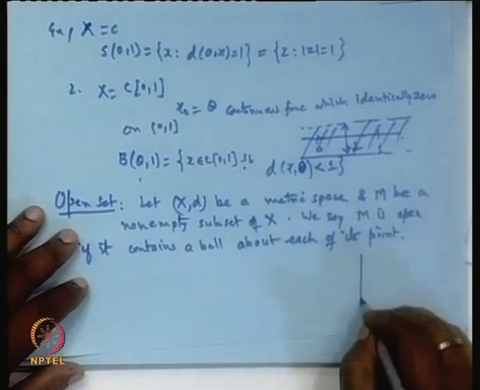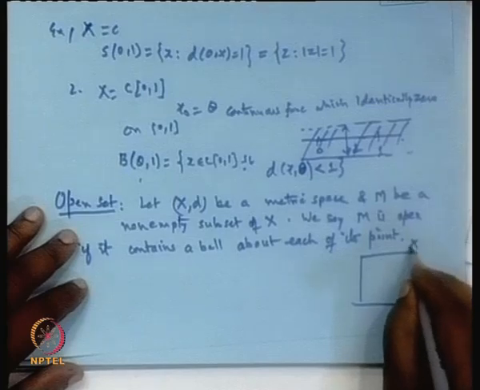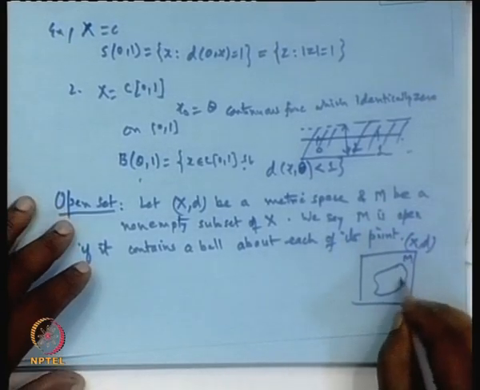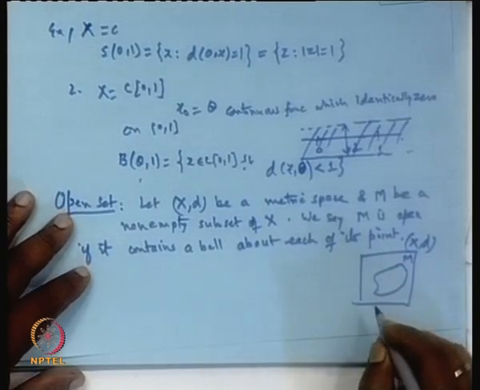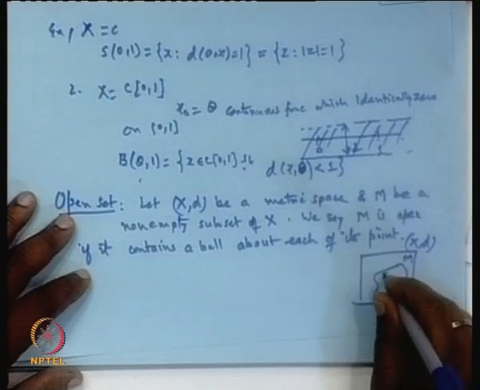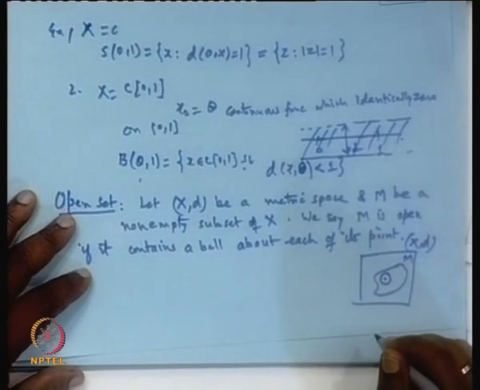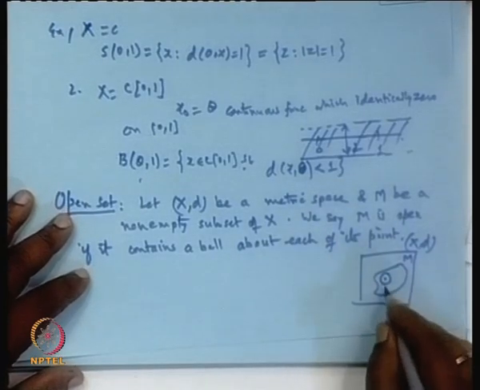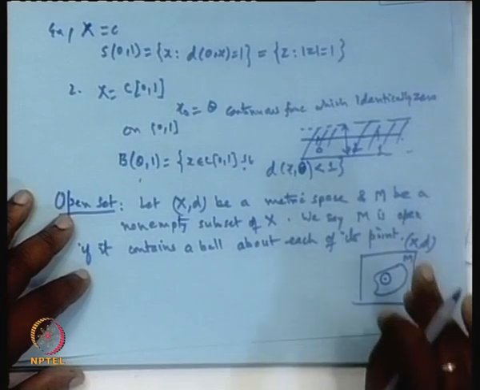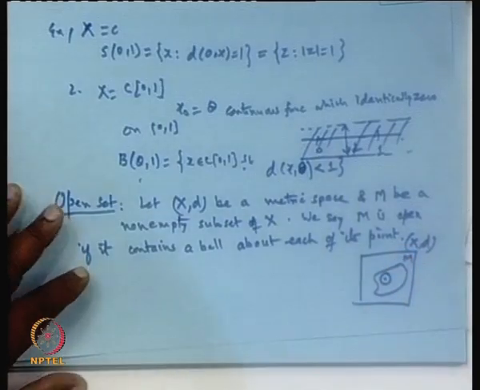That is, if we have this metric space and here is our M, then this set is said to be open if, picking any arbitrary point inside it, one can draw a ball around this point with a suitable radius which is totally contained inside M. Then M is said to be an open set.